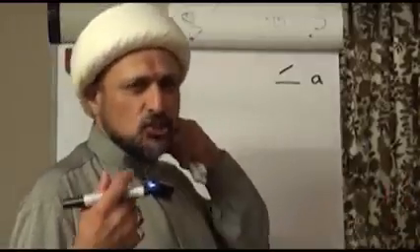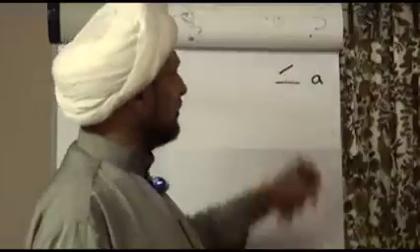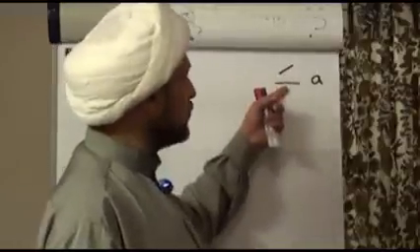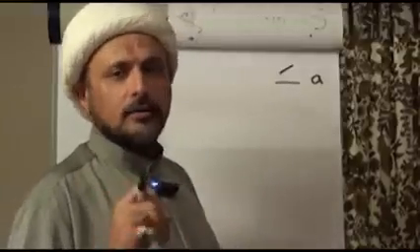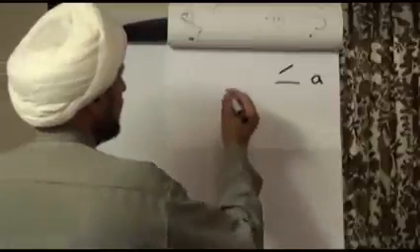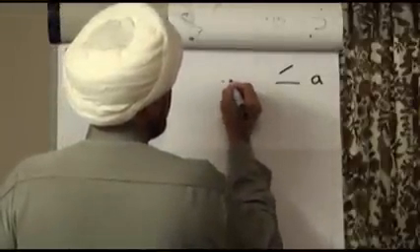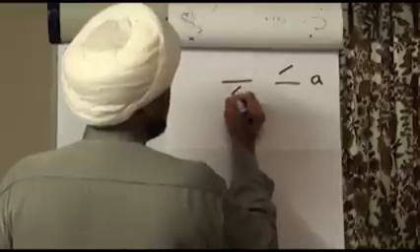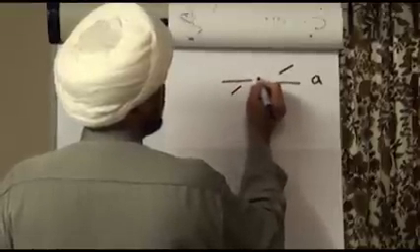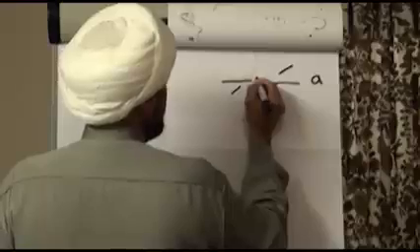Now you don't have to memorize that at this point. Just know the sound of it. If there's a line above the letter, then it is a. And if there is a line underneath the letter, then it is e.